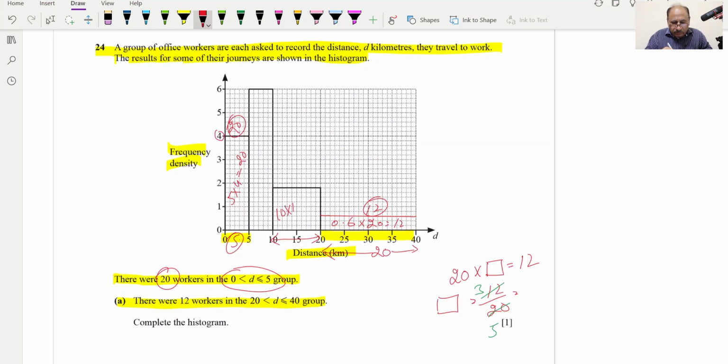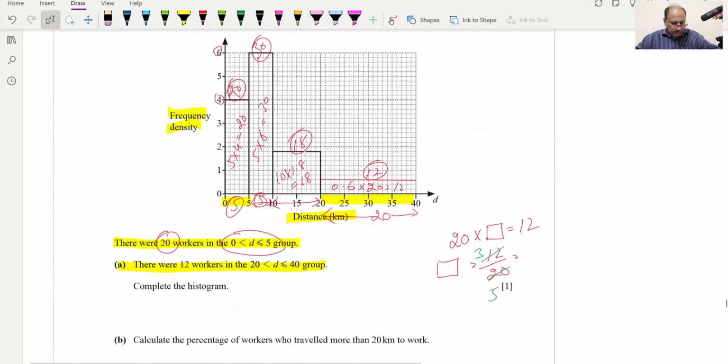So 10 multiplied by 1.8 will be equal to 18. So this will be 18 people. And for this one, 5 to 10 is 5. So this 5 will be multiplied by 6, which is height, and this will be equal to 30. So there will be 30 people over here.